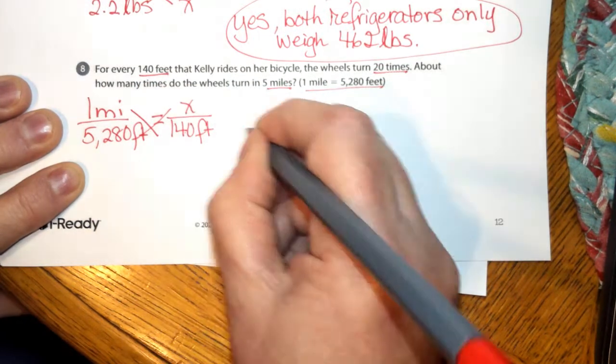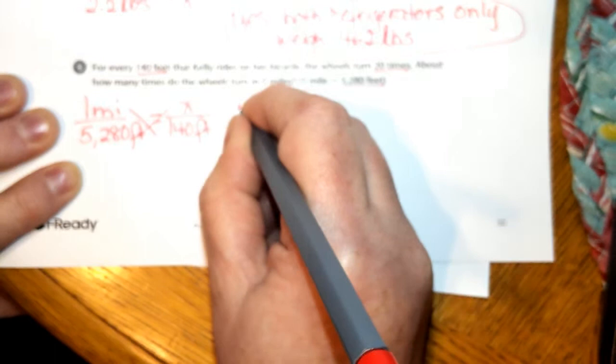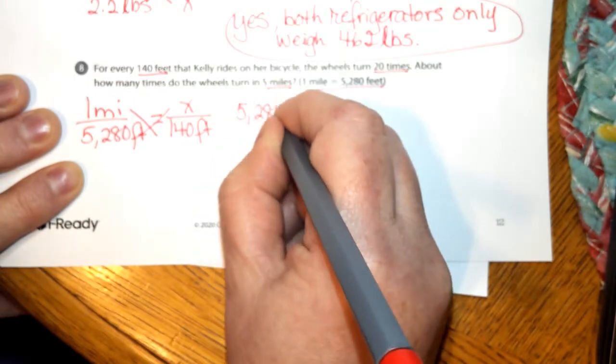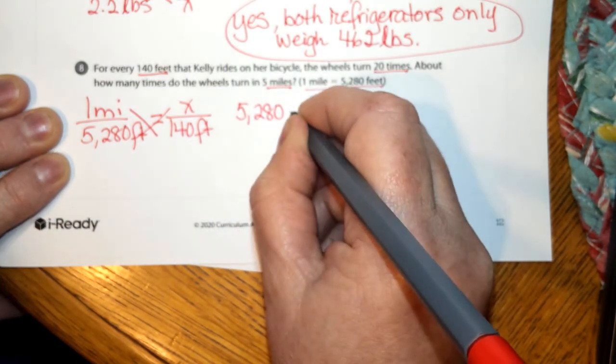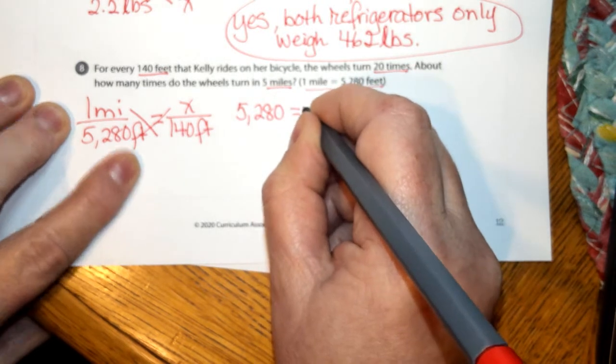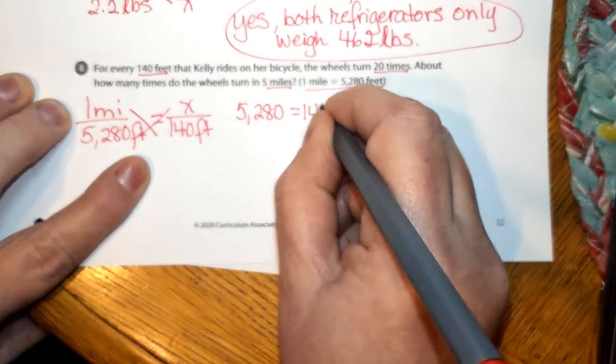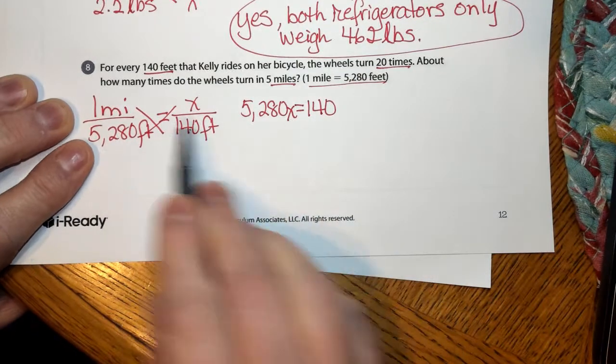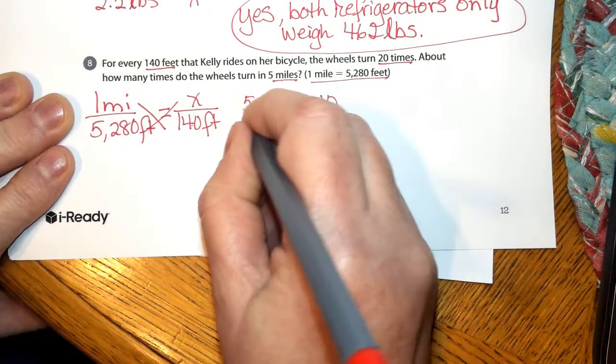Cross multiply now, and I get 5,280x equals 140. So now I'm going to divide by 5,280 on both sides.